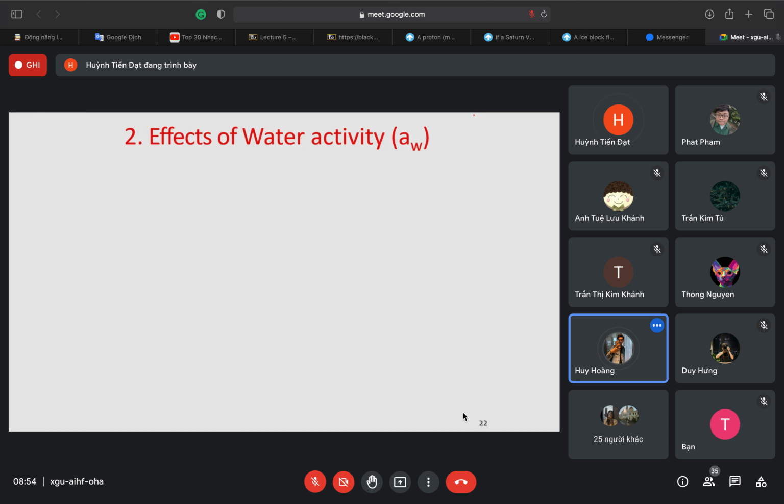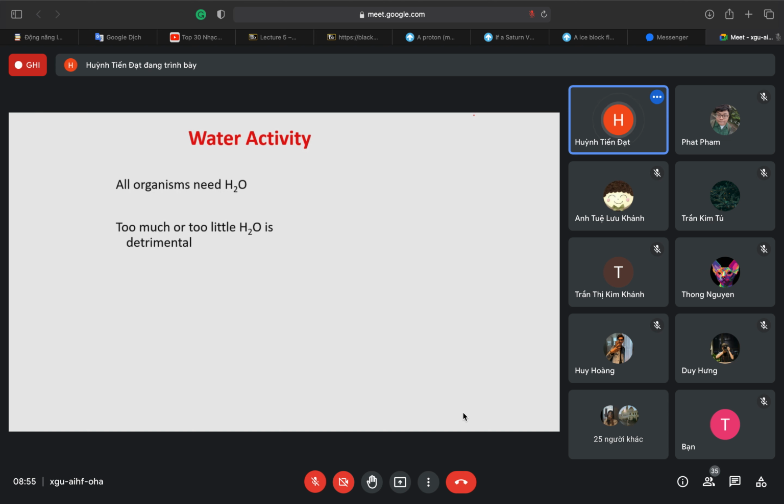I can say there are mainly two forms, the free water and the bound water. So which part of the water can be used by the microorganisms, free water or bound water? The free water is what is used by the microorganisms, and how much free water is inside the food is determined by the water activity.